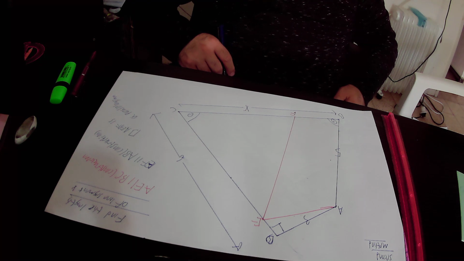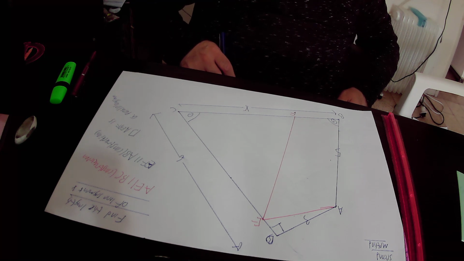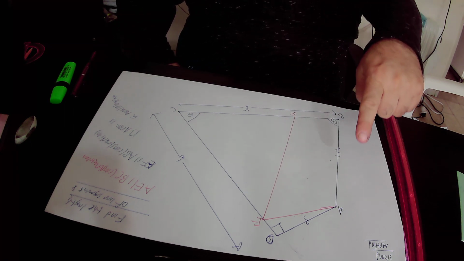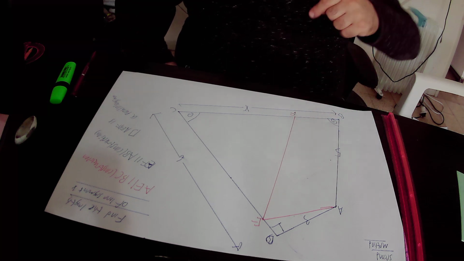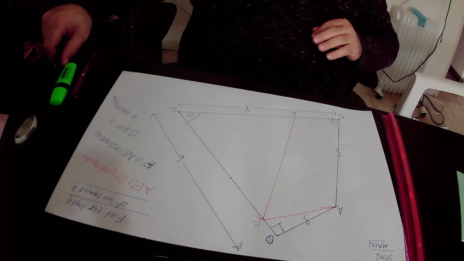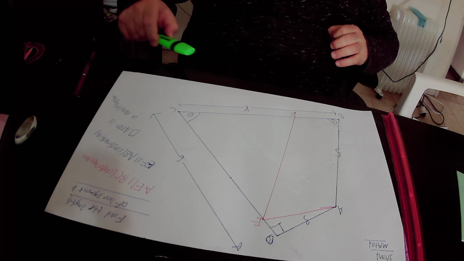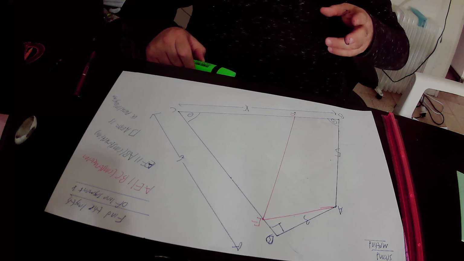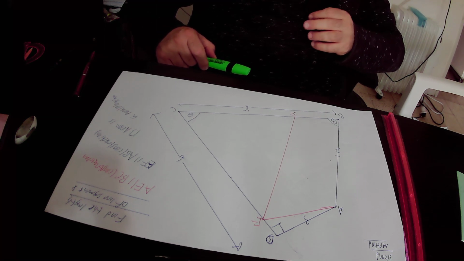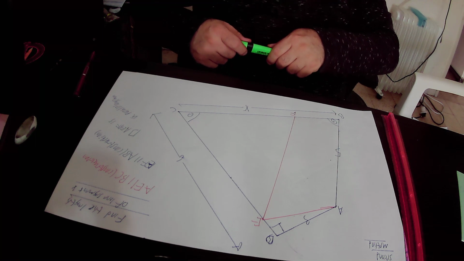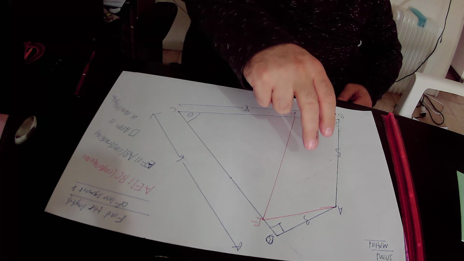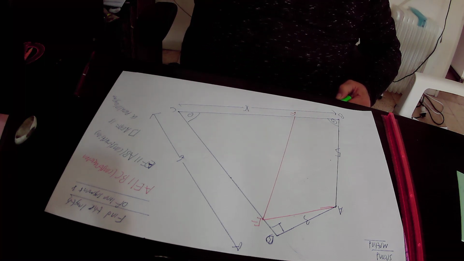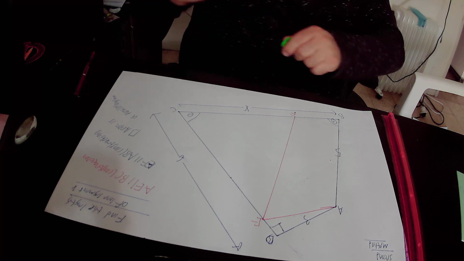Because it has two couples of sides that are parallel to each other. Here AE is parallel to BF and AB is parallel to EF. And this is exactly the definition of a parallelogram. Any quadrilateral that has two couples of sides that are parallel to each other is defined as a parallelogram. Therefore, quadrilateral AEFB is a parallelogram.